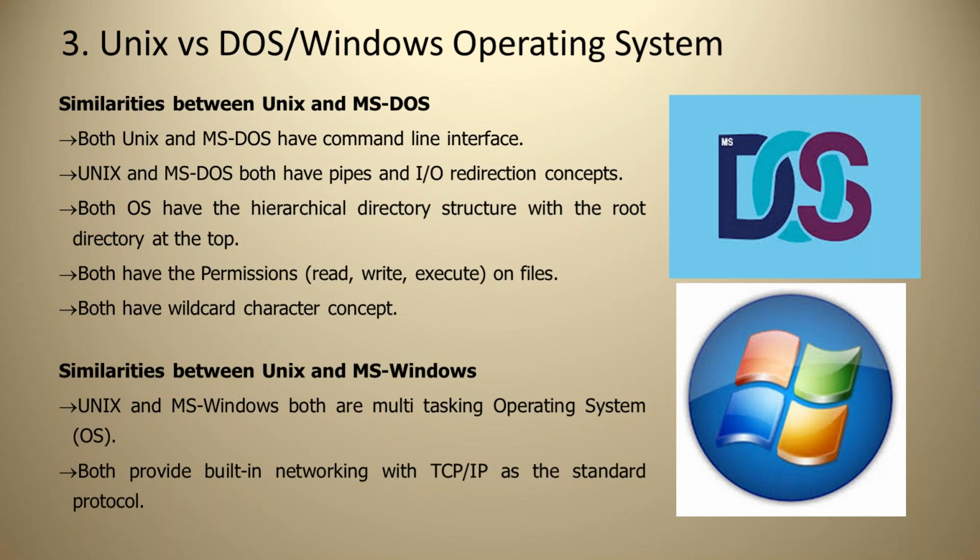Multitasking operating systems nowadays are multi-user also. Earlier multi-user was not there, now multi-user is also added. Because with remote desktop, if you are connecting, then on one Windows server, 10 persons can connect from the project. Both provide built-in networking. So networking configuration and all those things are not required in Unix and Windows operating systems. TCP/IP, Transmission Control Protocol and Internet Protocol, are standard protocols.